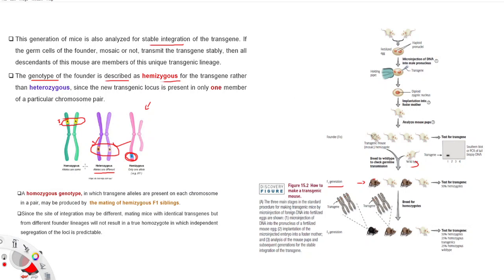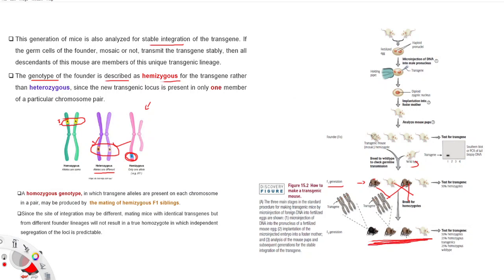And how we get to achieve that is when now, after this F1 generation, we mate two of the F1 generation. If you mate two of the F1 generation, you are going to get now a new line here.